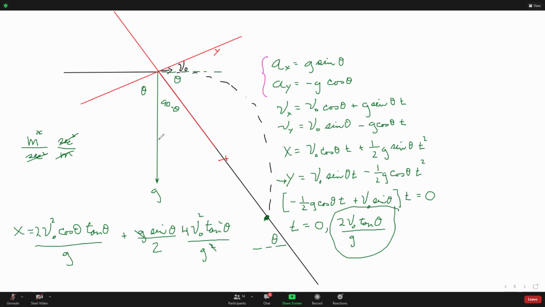Okay, so this g is the acceleration vector. This piece right here is A sub x. This angle is 90 minus theta, and this is theta. So what is this length A sub x? Well, the sine of theta is A sub x over g.